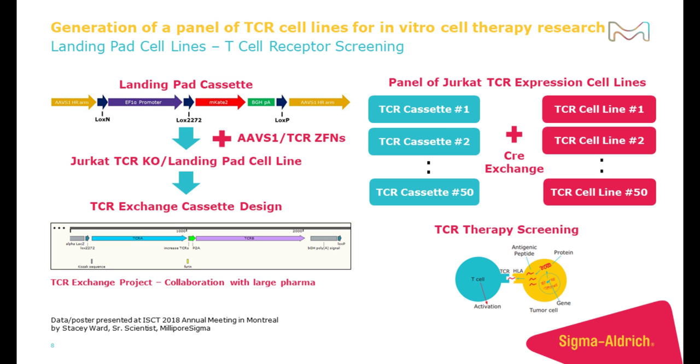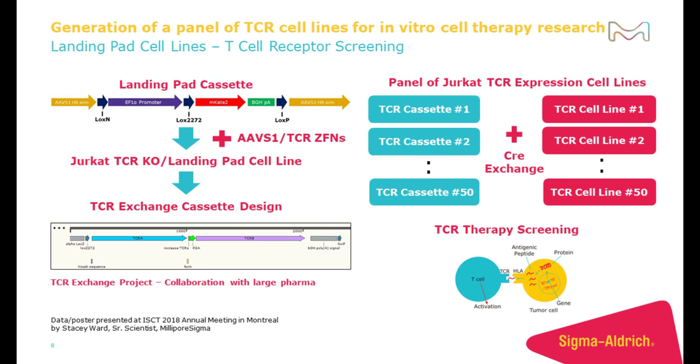We've used these landing pad cell lines to generate TCR expressing Jurkats, where we're able to quickly substitute in any TCR of interest using Cre-mediated exchange. And then we can screen these cells that are expressing the TCRs for T cell activation against HLA presented antigens.